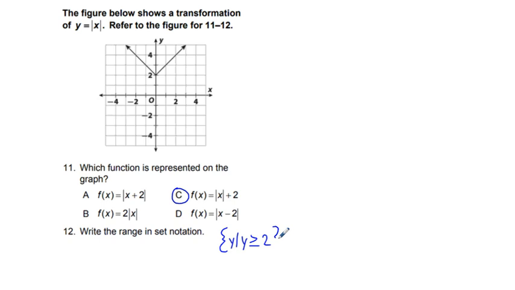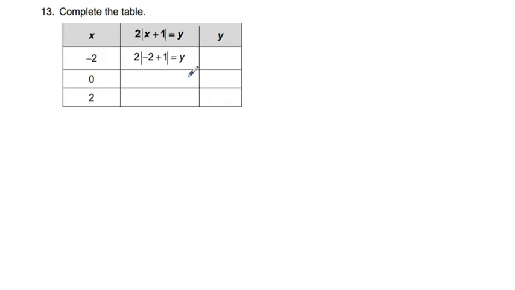Or alternatively, you can write this as y such that y is greater than or equal to 2 and less than infinity. Either one of these would be sufficient. And I had some students who did set inequality and interval notation just to make sure they wouldn't get it wrong.